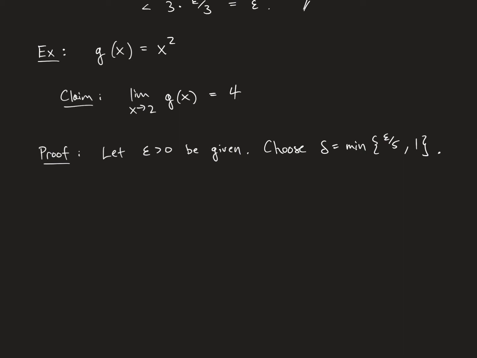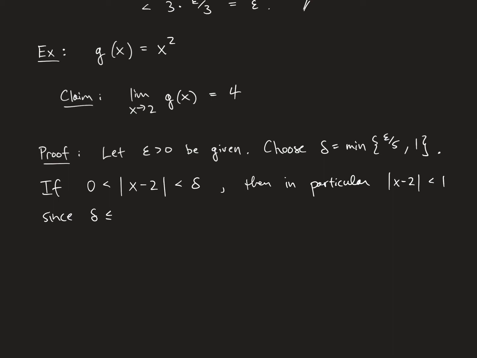So what we'll say is, if 0 is less than the absolute value of x minus 2, which is less than delta, then in particular the absolute value of x minus 2 is less than 1, since delta is less than or equal to 1.